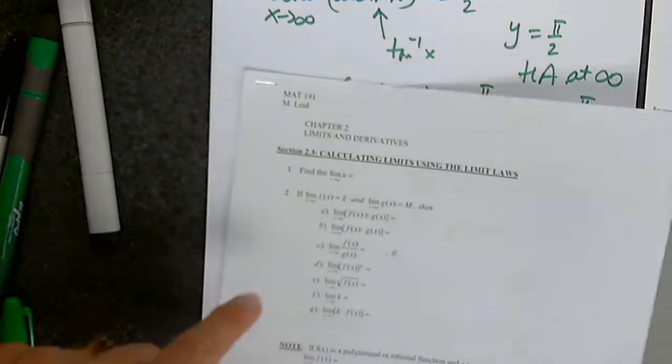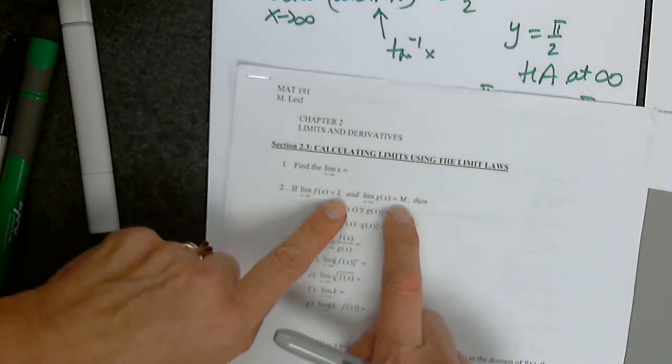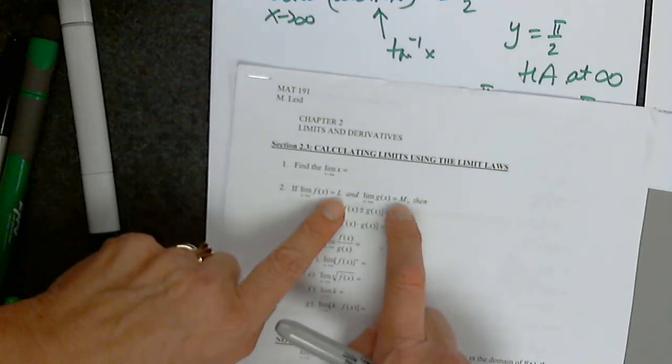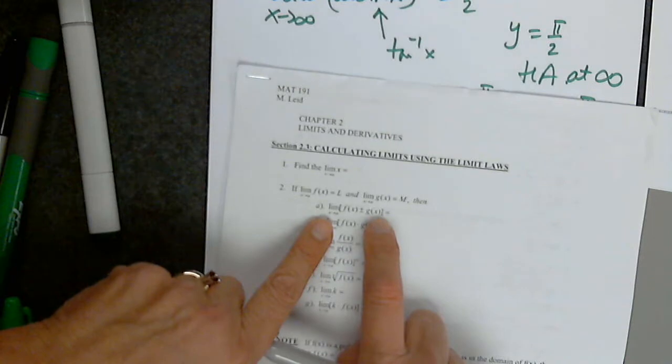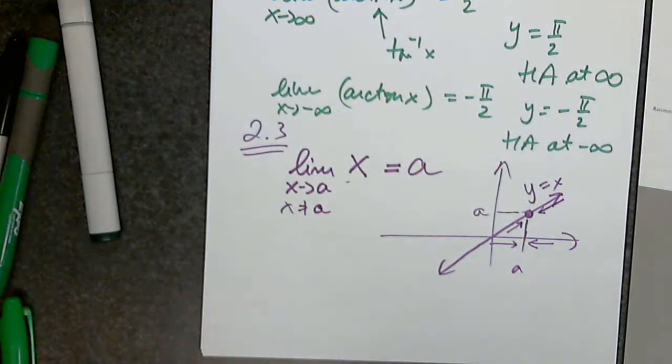Okay, so assuming that these two functions have limits as x approaches a from either side, and one limit is L and the other one is M, the limit of the sum or the limit of the difference of those two functions as x approaches a, that's the first limit law.